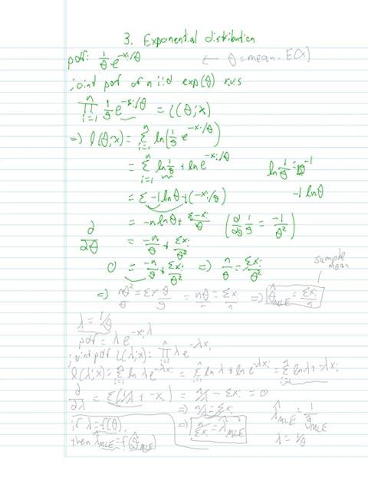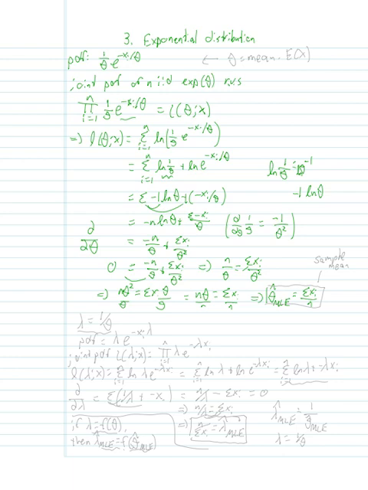Multiply the denominators up, and we get n theta squared is equal to sum of xi theta, or divide by theta, we get n theta is equal to sum of xi's, or divide by n, and this gets us theta hat, using the maximum likelihood estimation method, is equal to sum of xi's over n.